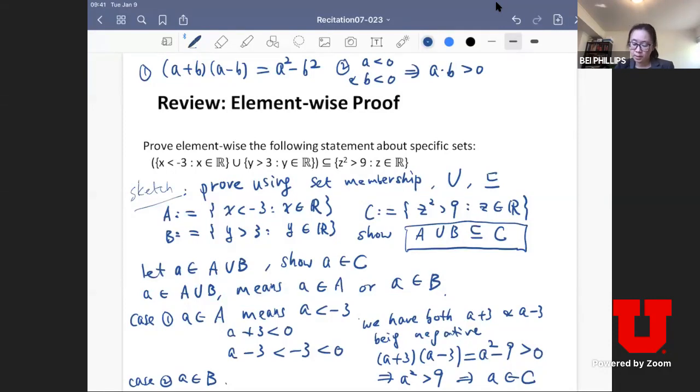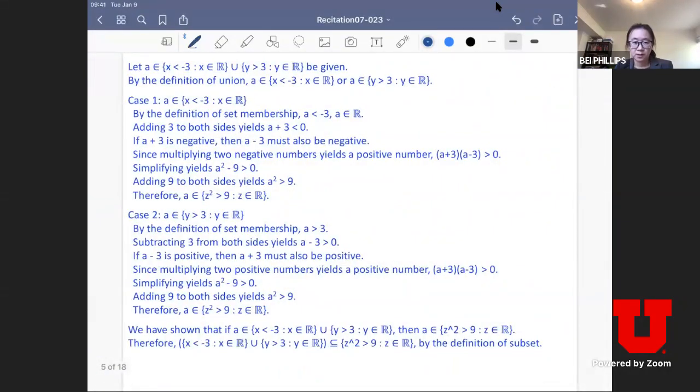Okay? So if you are going to write this in detail, this is a detailed proof, but I have just gone over the high level. Really, the key point of the proof is relying on A squared minus 9 being bigger than 0.